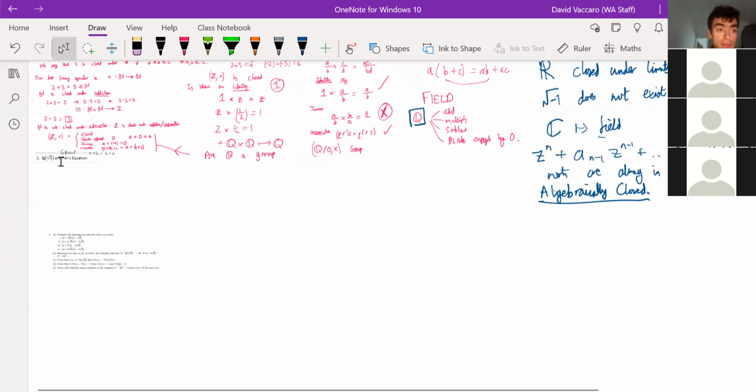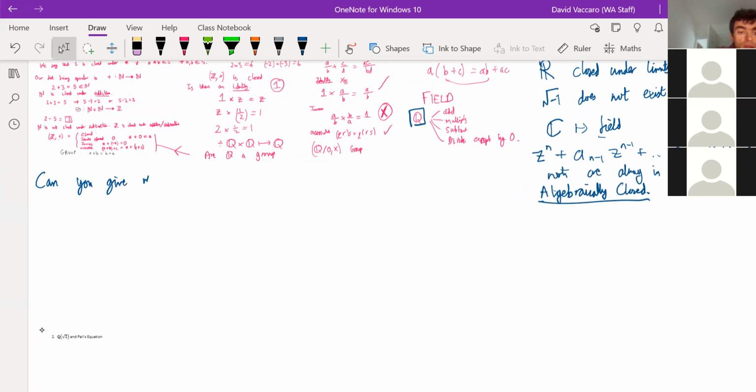Okay. So we're just going to think a little bit more deeply about closure. Can anyone give me a subset of the complex numbers that is closed under multiplication?